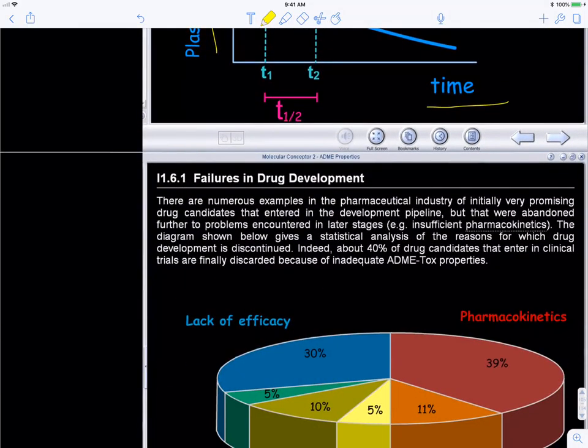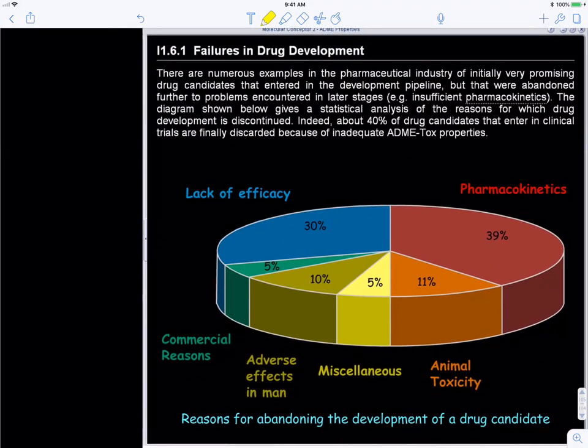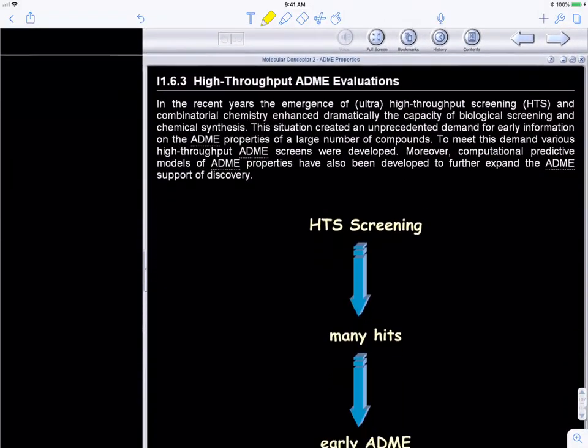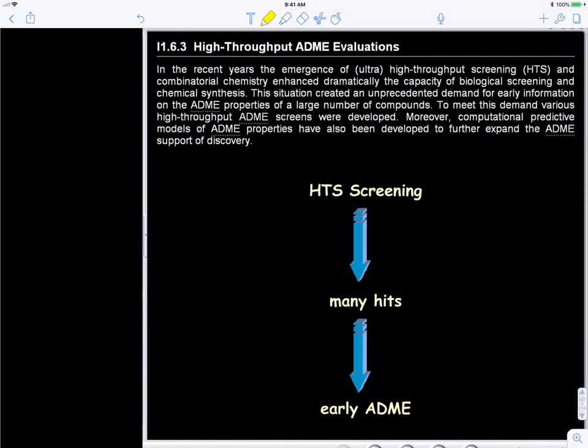So with that, let's revise something that we have seen early on in the class: the fact that failure in drug development is often due to pharmacokinetics of the drug. For that reason, what we'd like to do is be able to predict the ADME properties of the drug before even finalizing the formula of the drug.